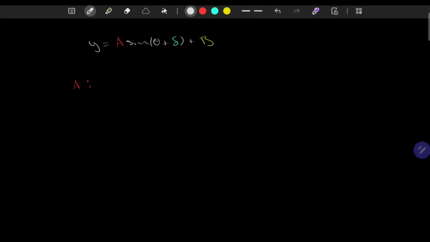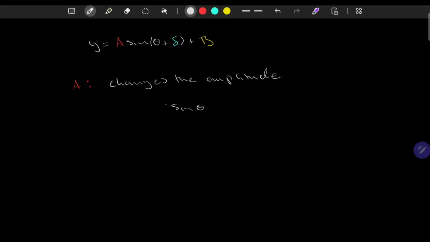When you multiply a sine function with a constant, you just scale every value that the sine function gives with that constant. This means that a changes the amplitude of the sine function.